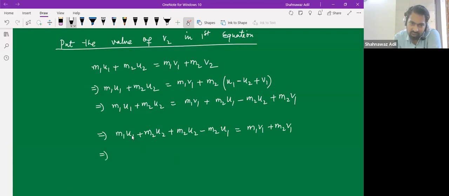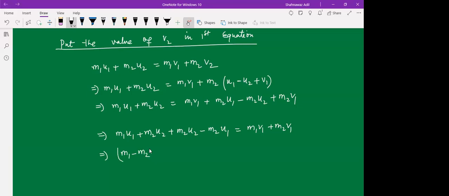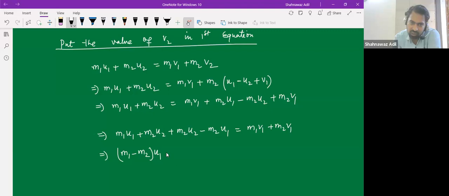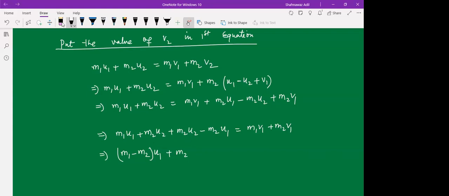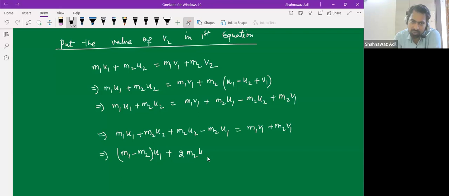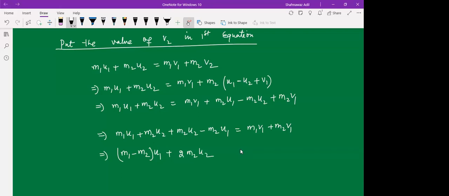If I solve this, m1 u1 minus m2 u1 gives m1 minus m2 times u1, and m2 u2 plus m2 u2 is 2 m2 u2. Did I write it correctly?